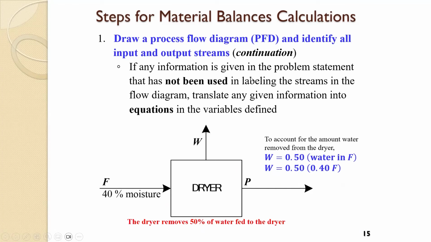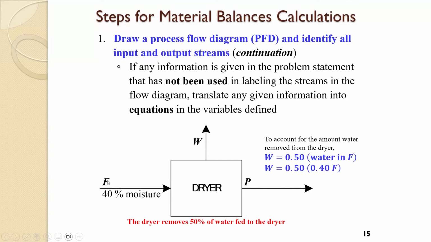And then if any information is given in the problem statement that has not been used in labeling the streams in the flow diagram, translate any given information into equations in the variables defined. For example, in this case, what you're given is the dryer. So the feed enters and then water evaporates. And then here, the dried product.